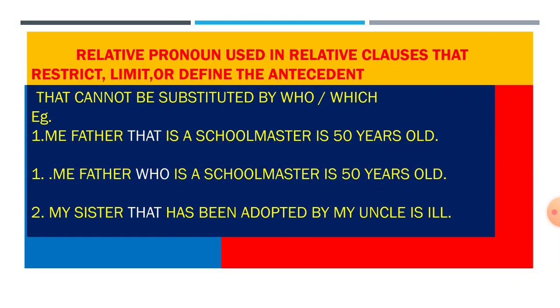Students, remember, relative pronoun is used in relative clauses that restrict, limit, or define the antecedent. I had told you that antecedent is a noun which precedes our relative pronoun, and this is actually used in relative clauses.